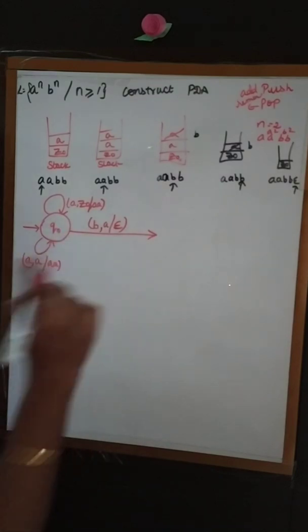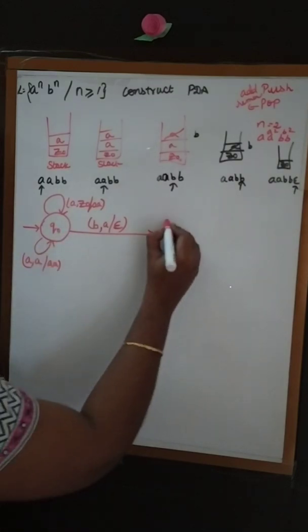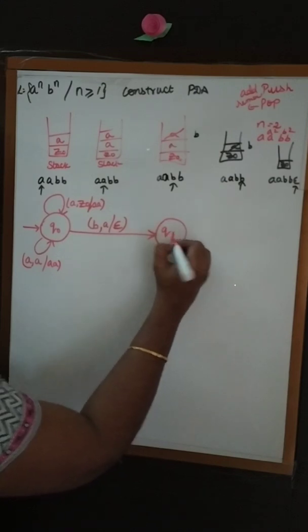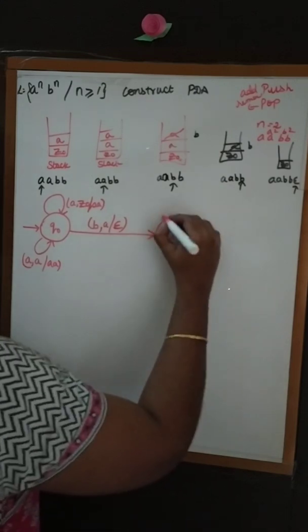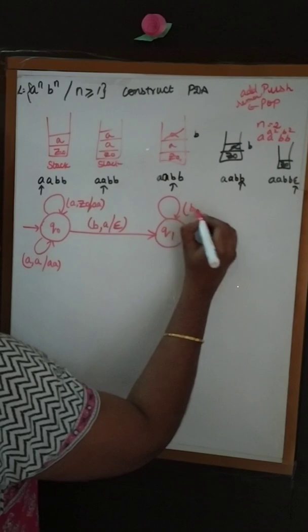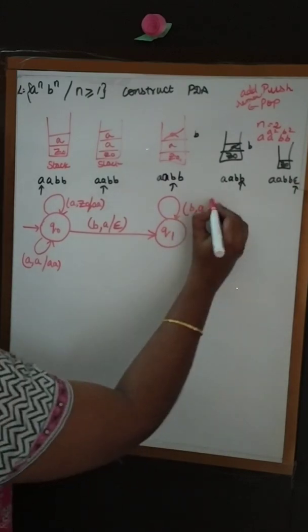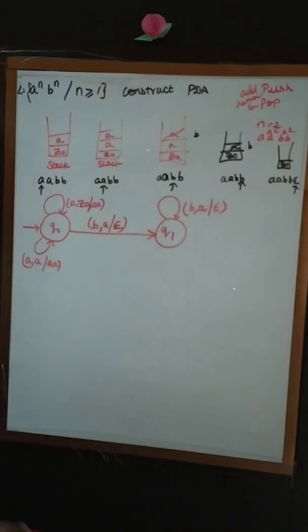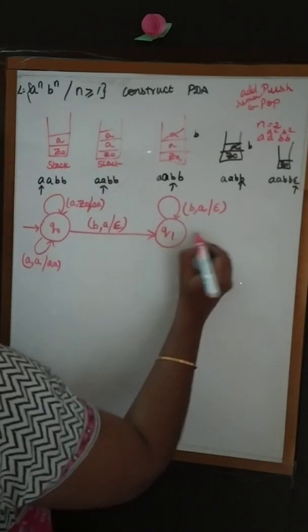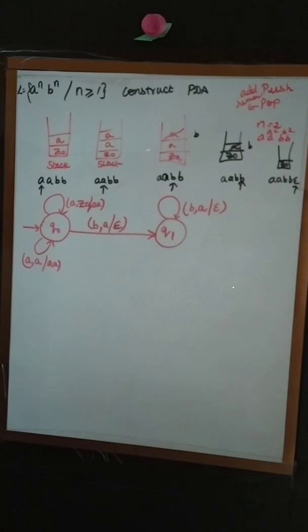So this will happen for only one time, right? If you want it to happen in a loop, you have to put one loop. Whenever I encounter b and the top of the stack is a, I have to do the popping. Got it? Next, this will happen for n number of times.